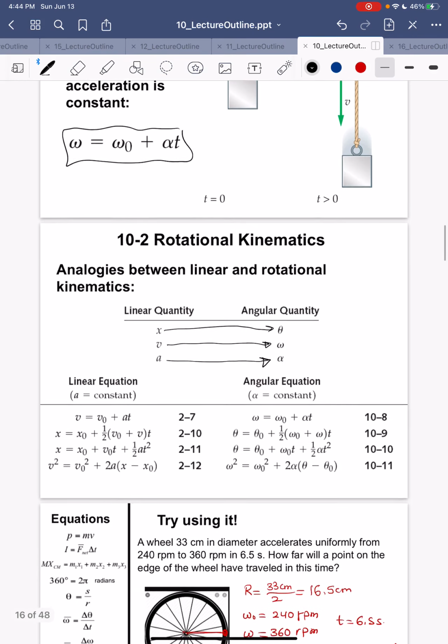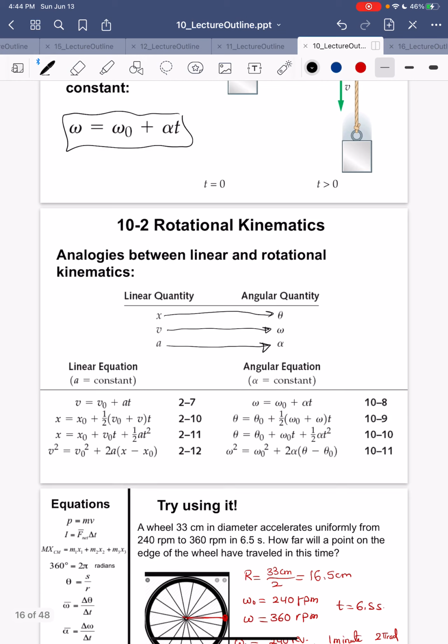Then the equations that I'm going to use here are listed. Omega equals omega 0 plus alpha t. Theta equals theta 0 plus 1/2 (omega 0 plus omega) times t. And theta equals theta 0 plus omega 0 t plus 1/2 alpha t squared. And omega squared equals omega 0 squared plus 2 alpha (theta minus theta 0). These equations deal with situations when we have an object that is rotating with constant angular acceleration.